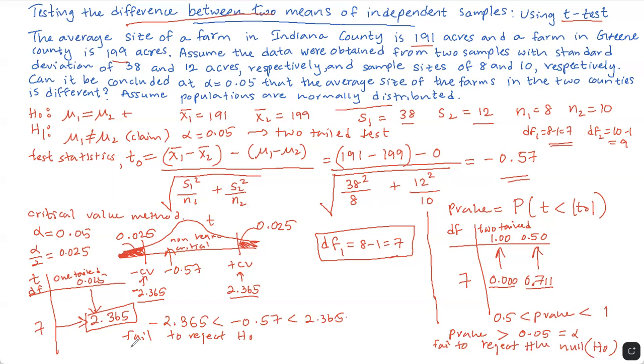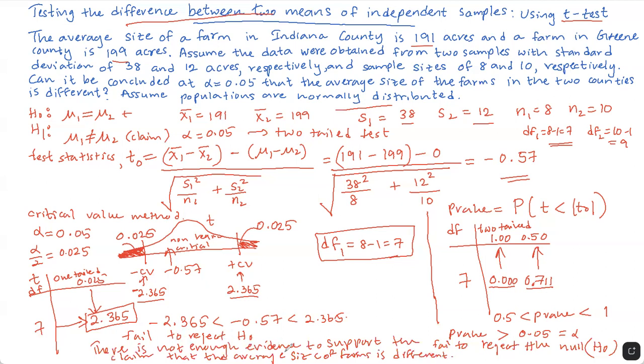So let's write down the conclusion. Since we fail to reject the null, there is not enough evidence to support the claim that the average size of farms is different.